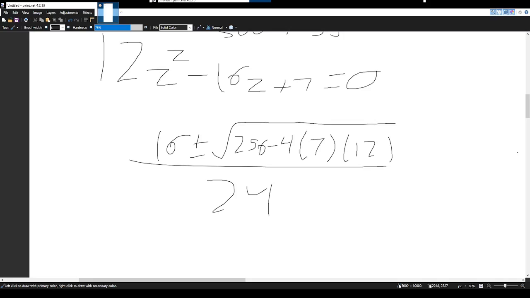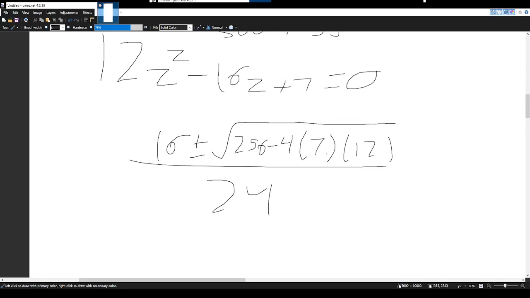So let's see, 256 minus 4 times 7 times 12 is negative 80. Boy, that sure doesn't sound right. Interesting. What am I doing wrong?